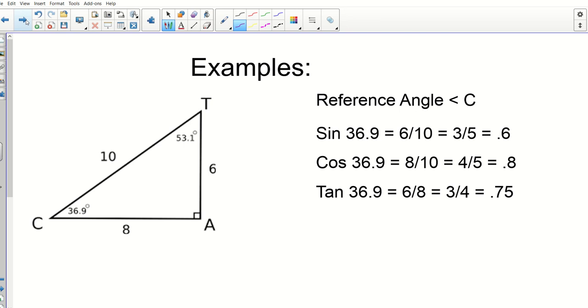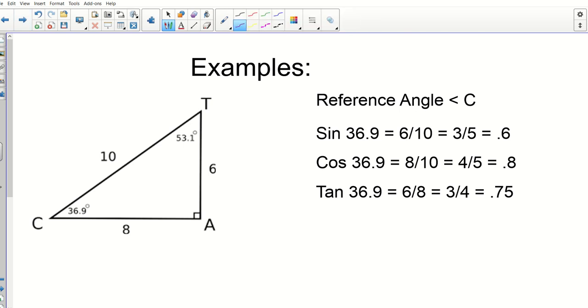And finally, tangent. Tangent, in this case, of the 36.9 degree reference angle is equivalent to the opposite over the adjacent. For this triangle, the opposite side is 6, the adjacent is 8. So it forms the fraction 6/8. Reduce that, you get 3/4, as a decimal, 0.75.